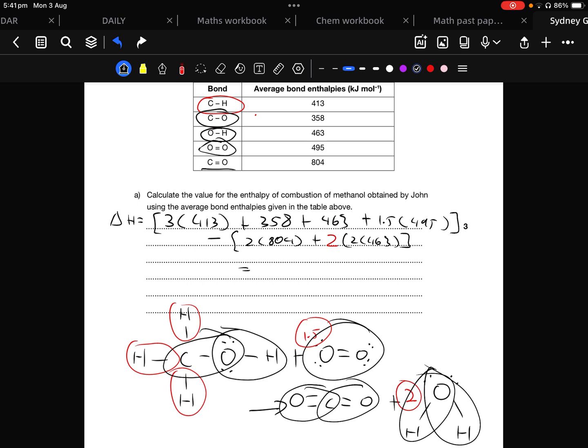which if we put into the calculator, gives us minus 657.5 kilojoules per mole.